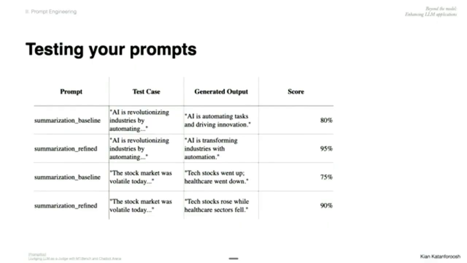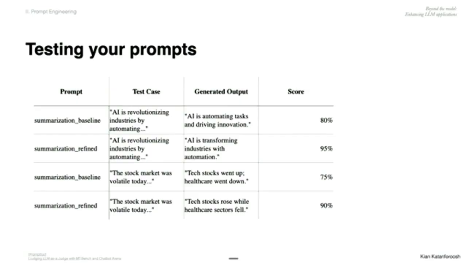We'll talk more later about testing your prompts, but there are methods now to do it, and we'll see later in this lecture with our case study how we can test our prompts. But here is an example of how you might do it. You might have a summarization workflow, a prompt that is the baseline. It's a single prompt.